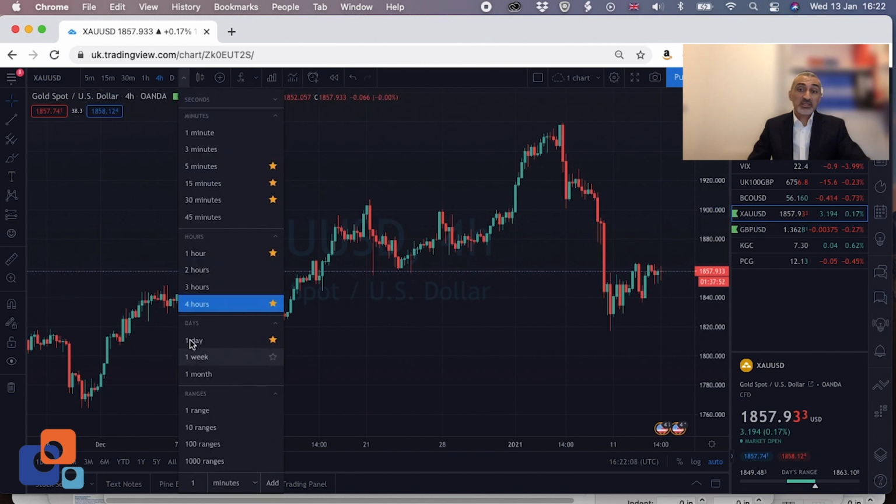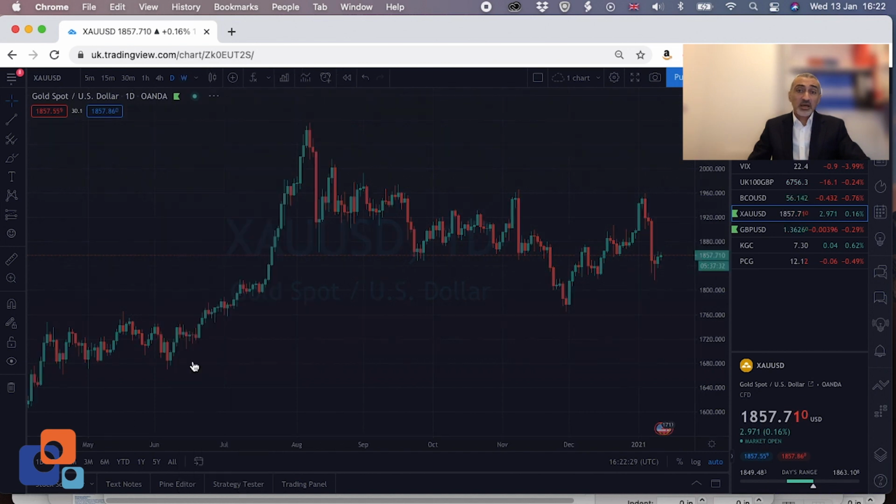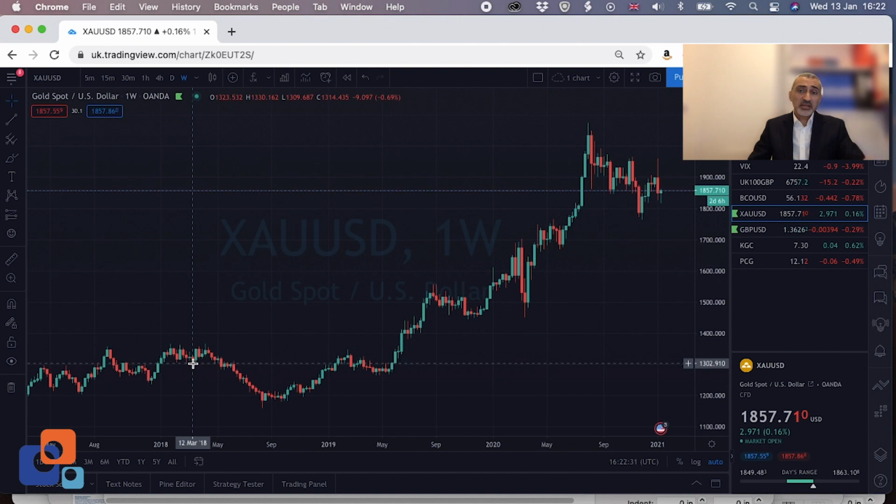As for investments, you'll want to look at the daily or weekly time frames, which should give you a better picture of what to expect over the long period of time you'll be holding your shares. You can see when we pick the daily time frame, the chart is showing the past 8 or 9 months. The weekly time frame immediately increases that period, and so on.